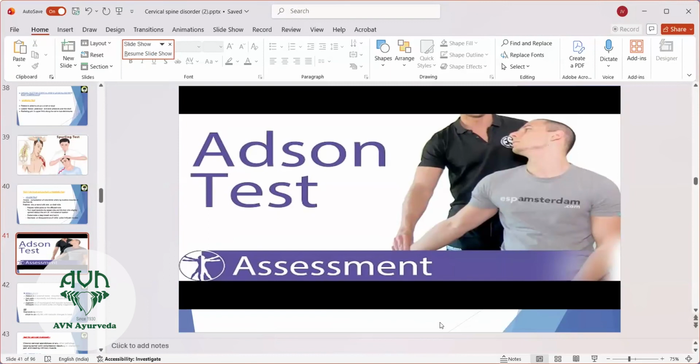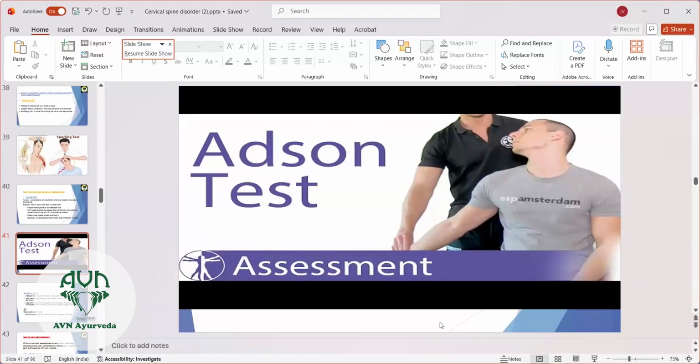So two tests we have studied. The first one is the Spurling test. In the Spurling test, we can assess which nerve root is affected. While doing the test, if it is positive, the radiating pain will aggravate. The Adson test assesses the vascularity of the subclavian artery.